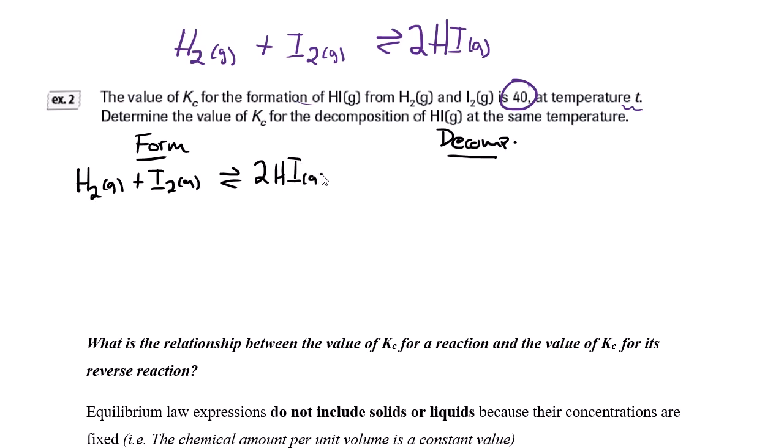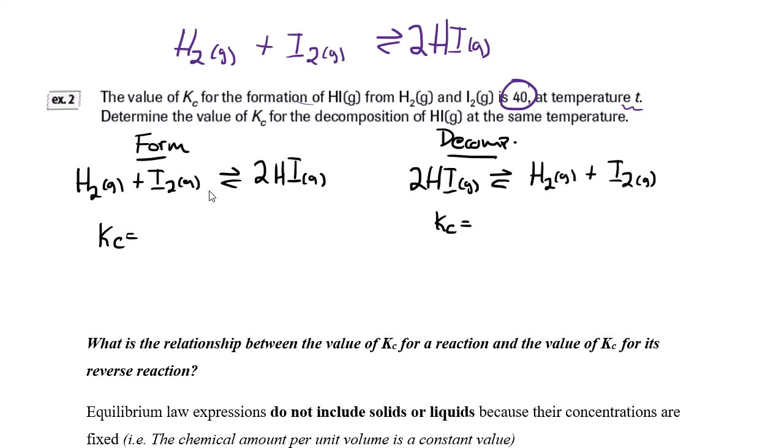The decomposition would be the reverse, so we'll write it out backwards just so that we can really get this point. Now, why don't you pause it here for a minute and try practicing. Can you write out the equilibrium law expression for the formation and for the decomposition? Once you think you've got it, resume and catch back up with me. We'll see if you're right.